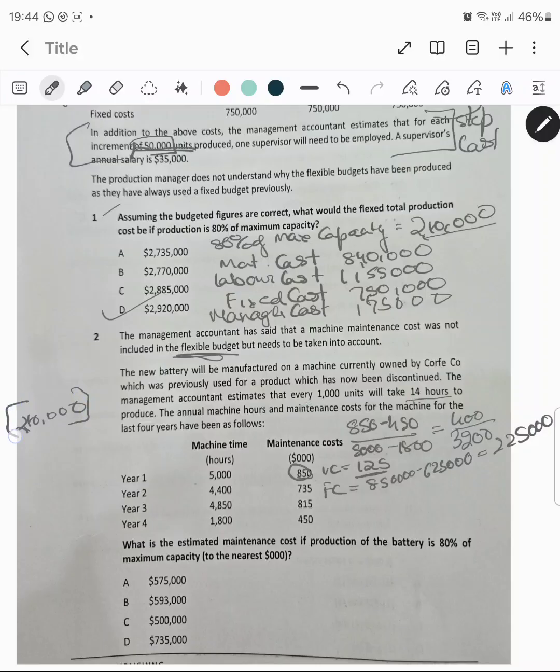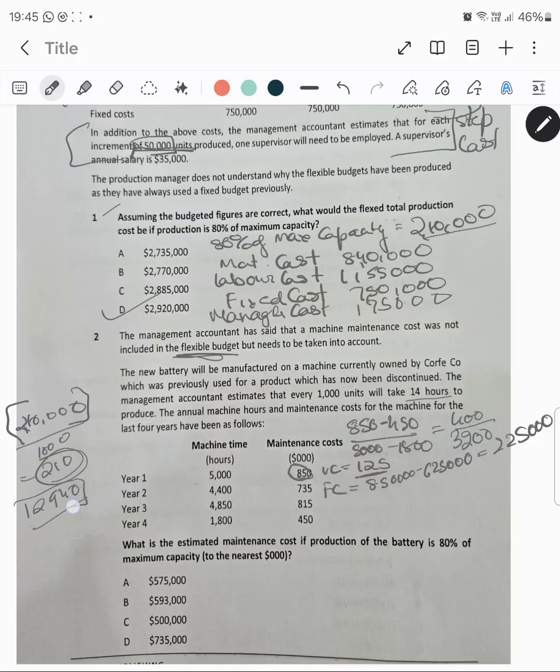So what will be the number of batches? I will have to divide by 1,000 to evaluate the number of batches, and it would be 210, right? So what is the machine time? The machine time is 210 into 14, which is 2,940.